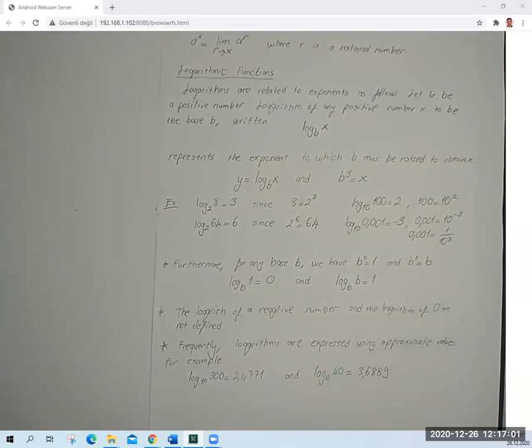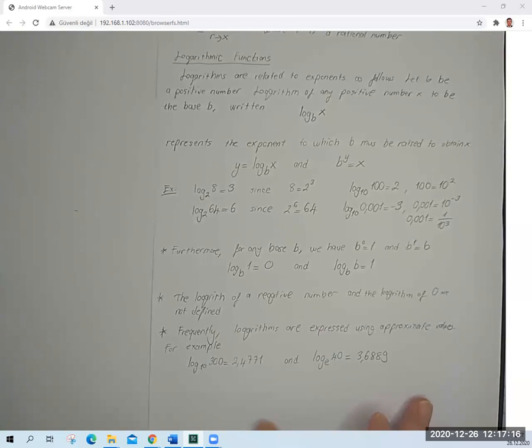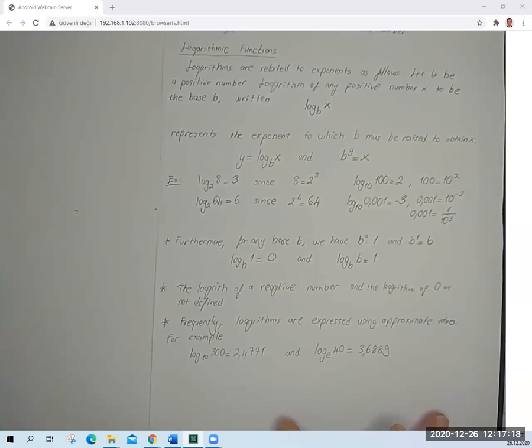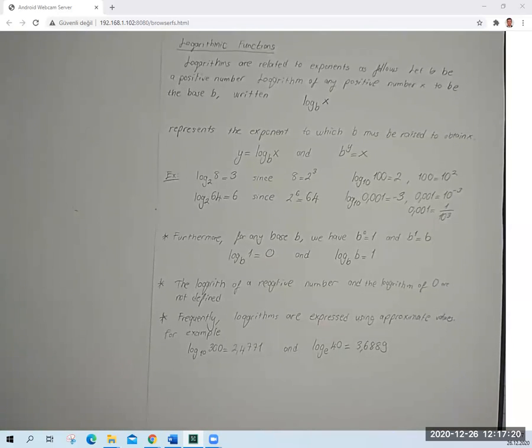There is some special application of the logarithm, but these are enough for us, and we don't need to go into details. We know how to calculate and how to write our function in logarithmic form.